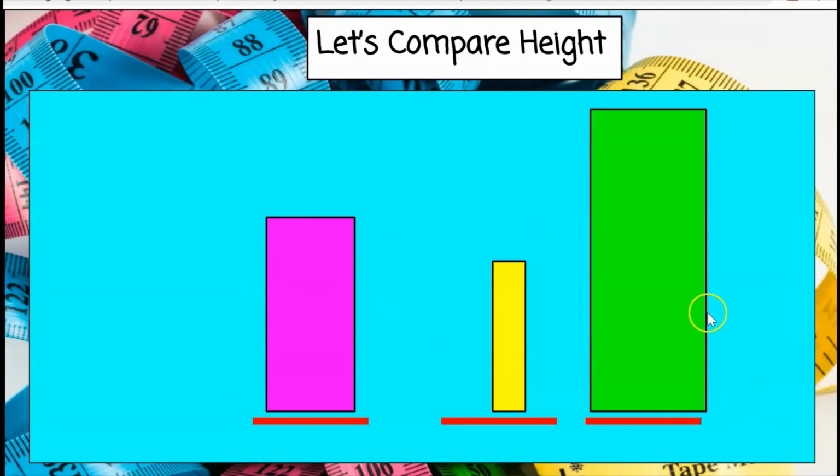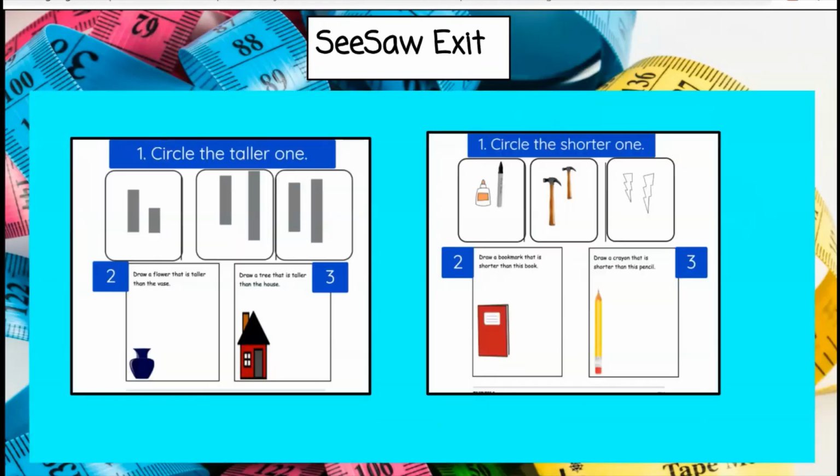So we can see that the green is tall, pink is taller than the yellow. So that means the yellow rectangle is shorter than the pink and green rectangle. Remember, you can find the height by the space in between. The green rectangle is taller than the yellow rectangle, as I see the yellow rectangle stays right here and there's space to the top of the green rectangle.